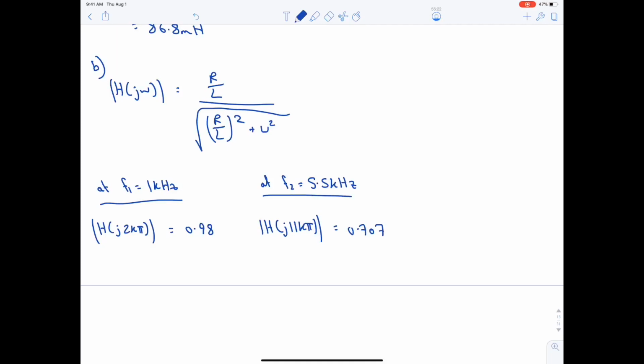At the third frequency, 12 kilohertz, omega 24 kilo pi, it will be 0.416.